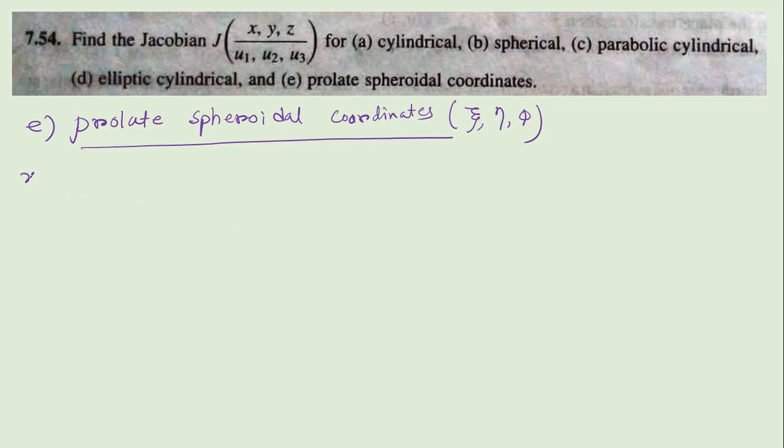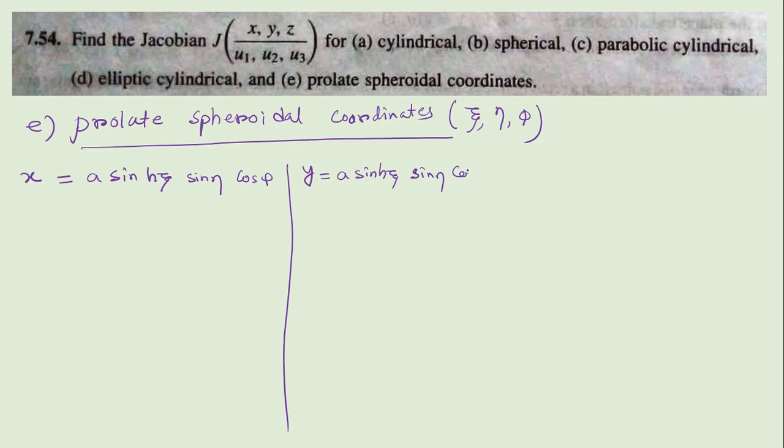The conversion is x equals a sinh xi sin eta cos phi. y is equal to a sinh xi sin eta sin phi. And z is equal to a cosh xi cos eta. Okay, so you need to find out this derivative.